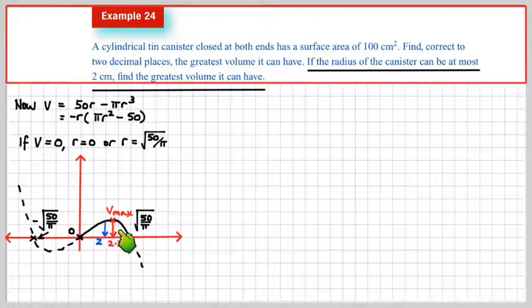If, on the other hand, the value of r that we were allowed to go up to was to the right of 2.3, anything from 0, not including 0, up to, say, 2.5, for example, then you would know that V max would be anywhere from here up to there, which would actually include the local max point there.